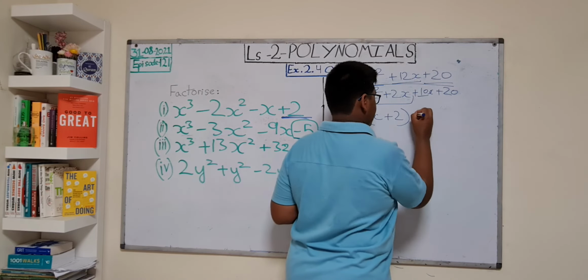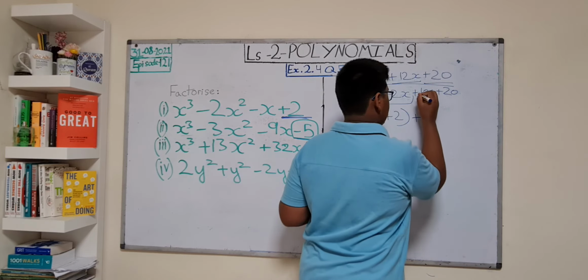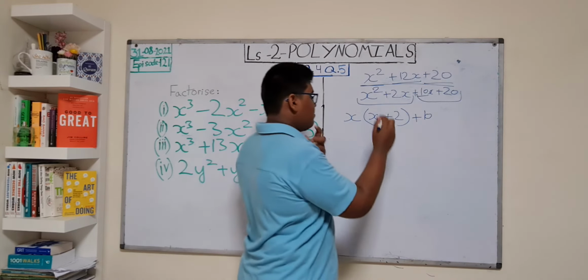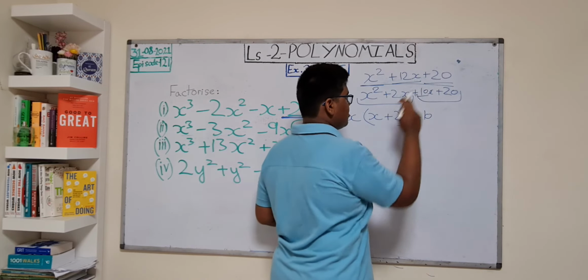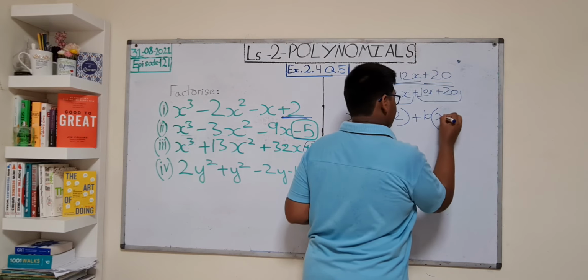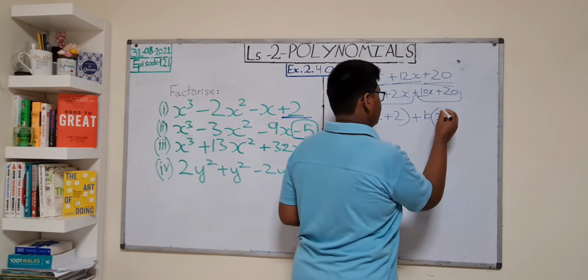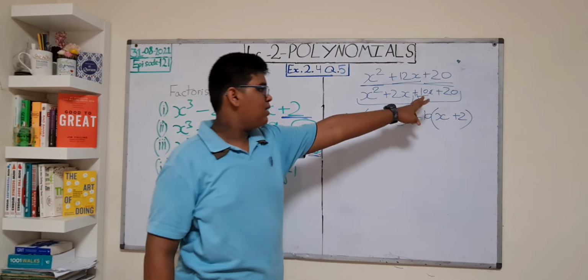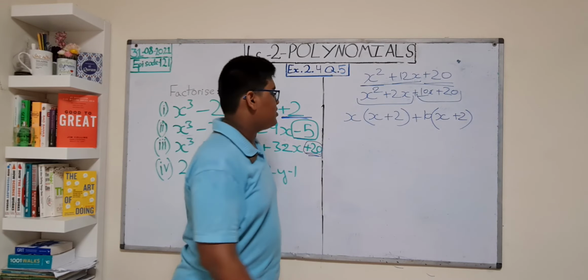Then we have plus 10. Now the common thing between 10x and plus 20 is 10, right? Because 20 comes under the table of 10. So we can write x, if we divide, that will be 1x, then plus 2, because 10 into 2 will be 20. Now we are getting x plus 2.